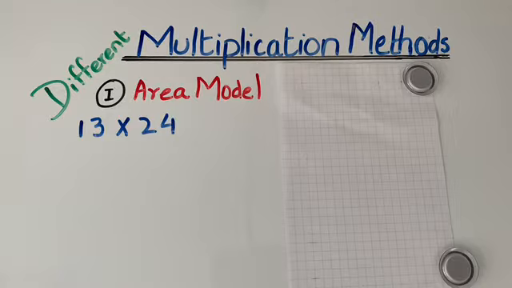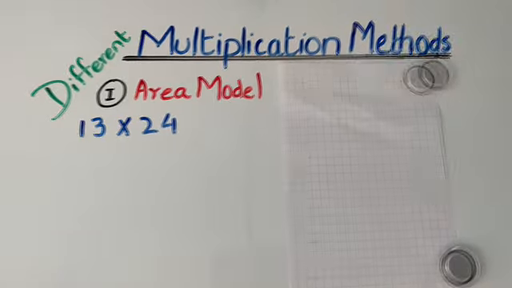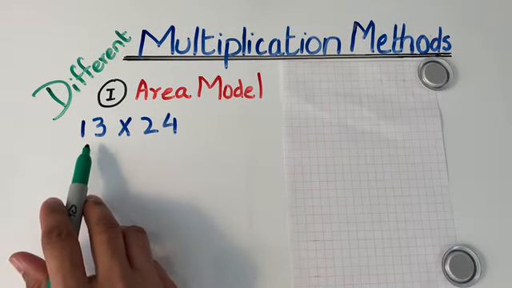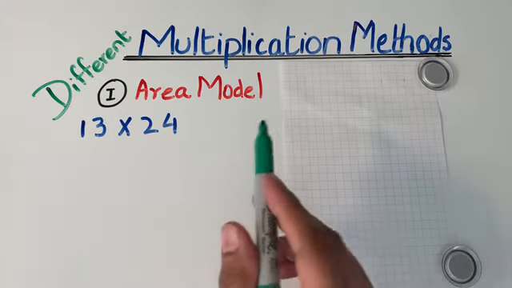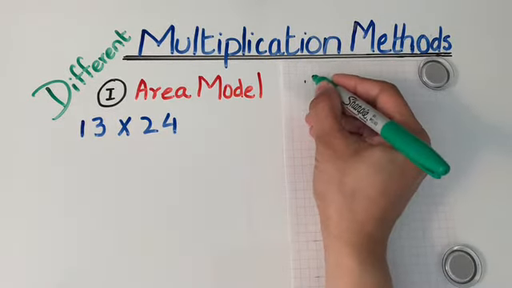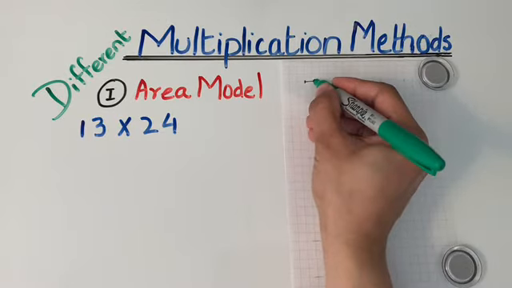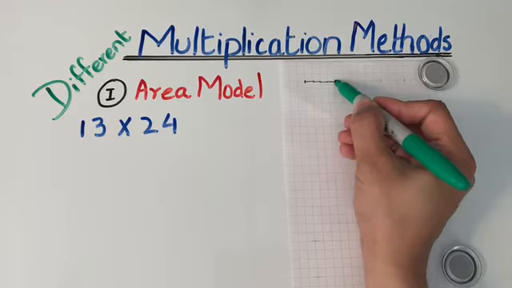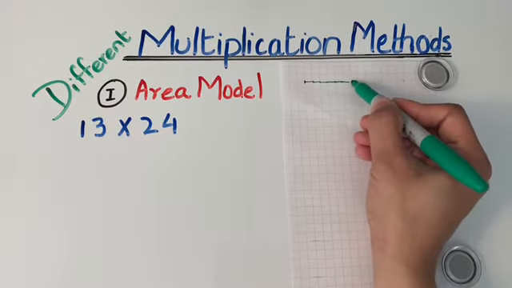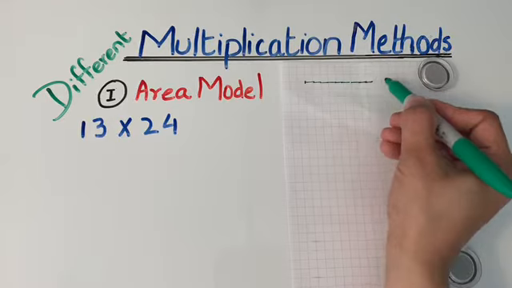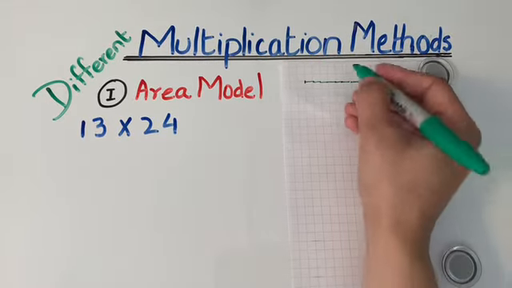So 13 represents 1 ten and 3 ones. So we can represent that as 10 plus 3. Let me mark off 10 and 3 here. I'm going to start from this point. 1, 2, 3, 4, 5, 6, 7, 8, 9, and this is 10.